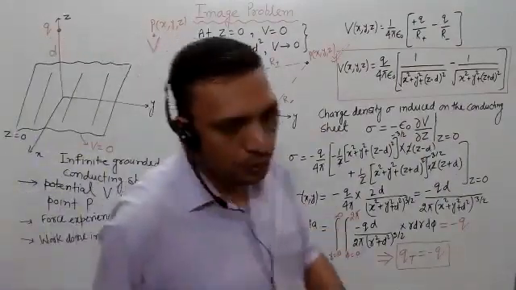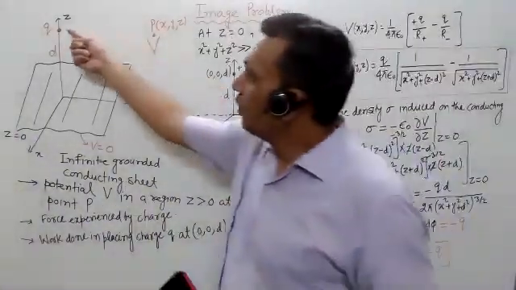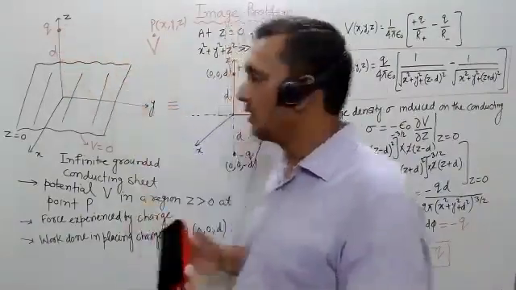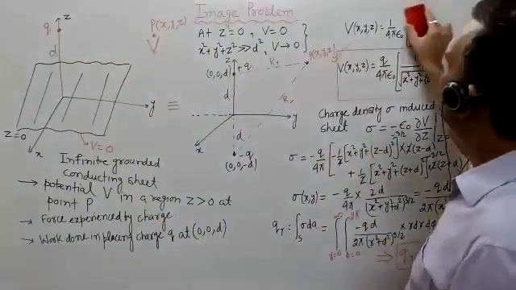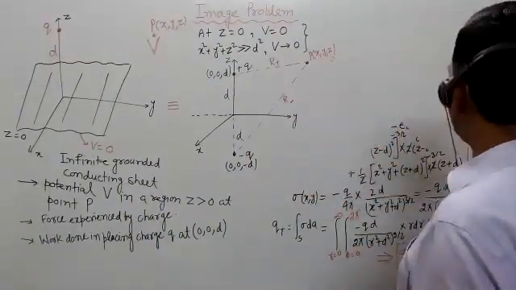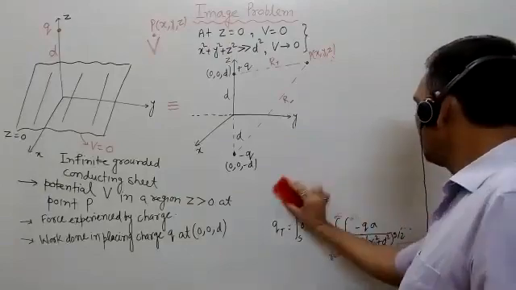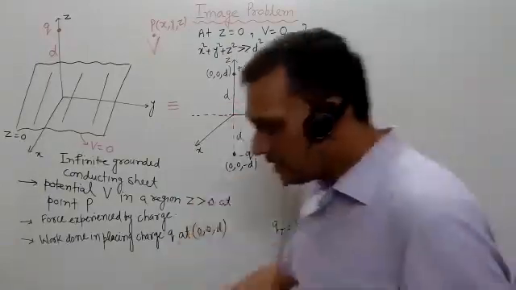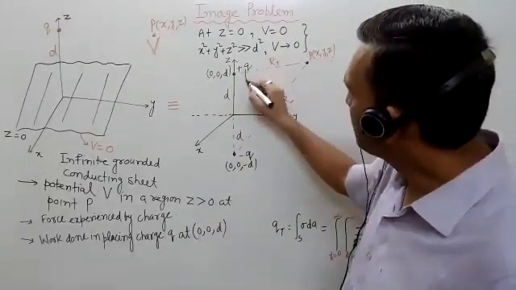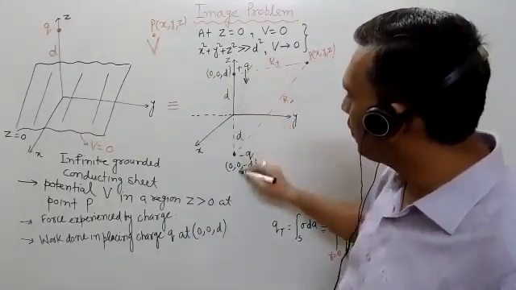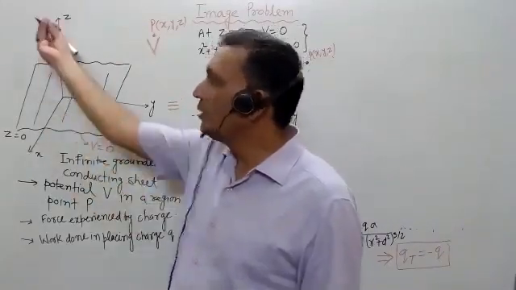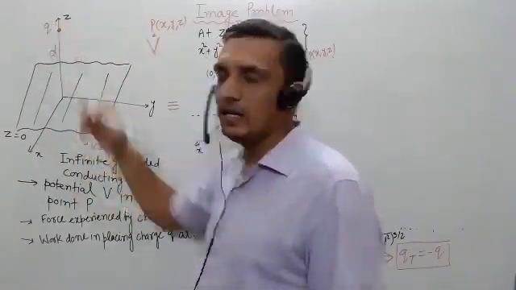Now we will see the force experienced, that is, the net force between charge q and the grounded conducting sheet. So that is the case of 2-point charges. So we can simply find the force experienced by plus q charge. This plus q charge is attracted towards the minus q charge. It means there will be net attraction between charge q and the conducting sheet.